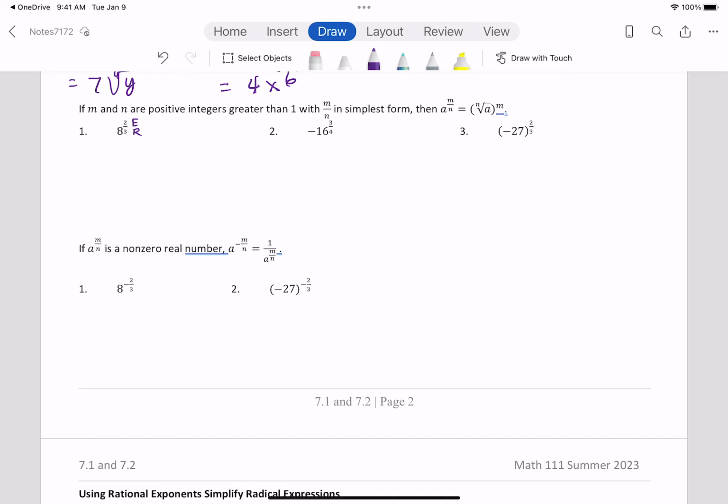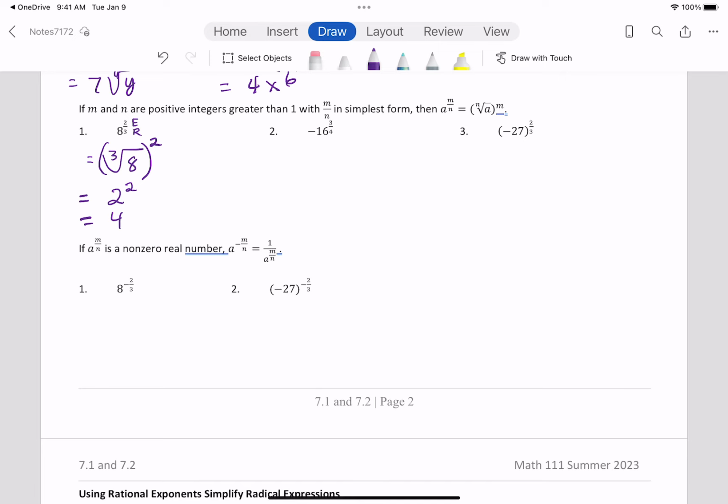So this first one can be rewritten as the cube root of 8, and now I'm going to say to the second power. So we know that the cube root of 8 is just 2 because 2 times itself 3 times is 8, right? So it's 2 to the second power, which is equal to 4.